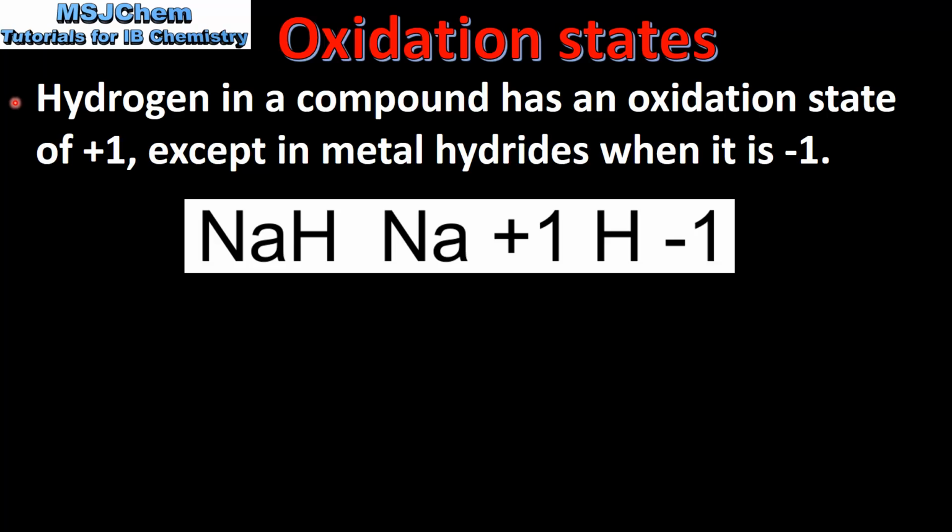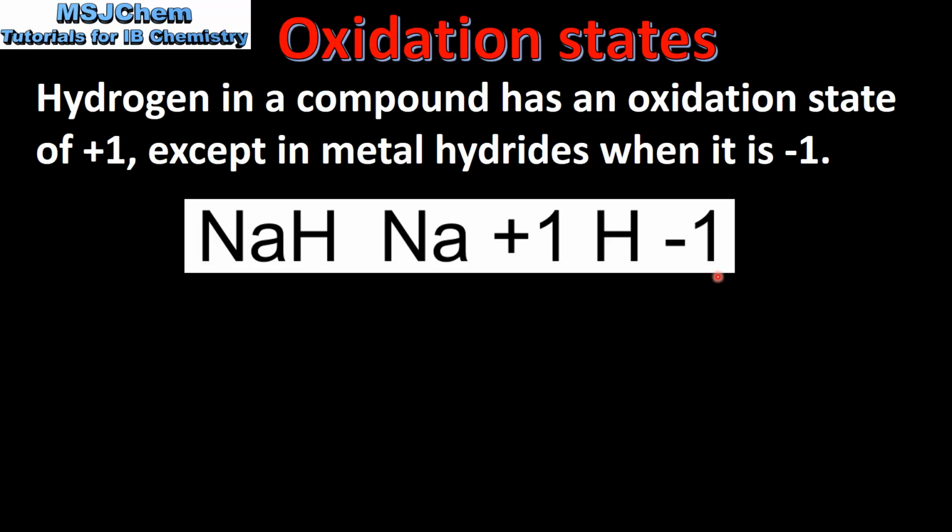Next is hydrogen. Hydrogen in a compound has an oxidation state of +1 except in metal hydrides when it is -1. So in the previous examples we looked at, hydrogen has an oxidation state of +1. However, in sodium hydride, the sodium has an oxidation state of +1 and the hydrogen has an oxidation state of -1.